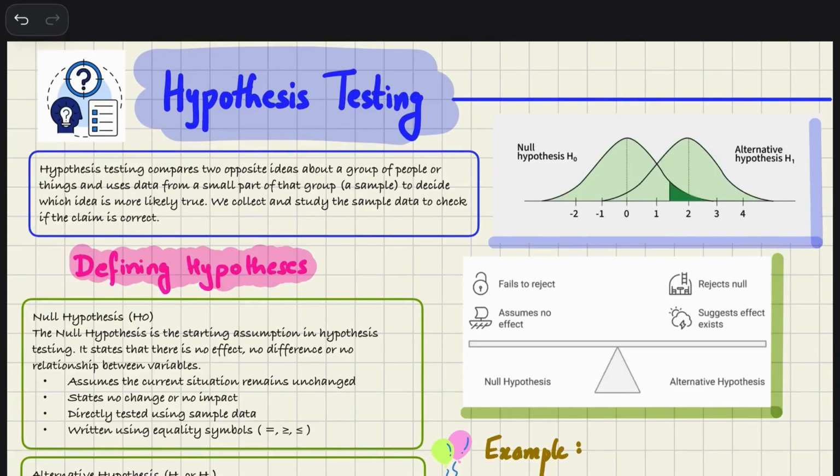To understand hypothesis testing without getting bogged down in the math just yet, think of it as a statistical court trial. In a criminal court, a defendant is assumed innocent until proven guilty, right? And the prosecution must gather evidence to prove guilt beyond a reasonable doubt.